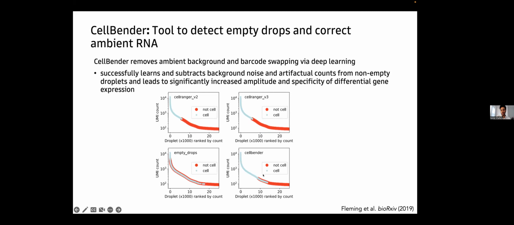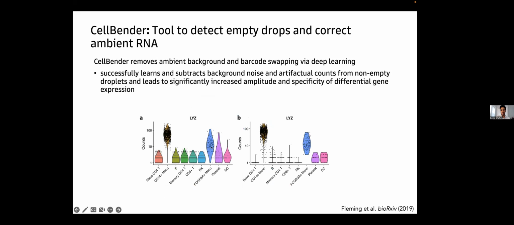EmptyDrops is one, CellBender is the other one. I'm not saying one is better than the other, but it's always good to try different tools, especially if you're seeing that the Cell Ranger cell count is not in line with the number of cells that you expect. CellBender can be used to call which droplets are cells versus which are not. But more importantly, CellBender specifically does ambient RNA correction.